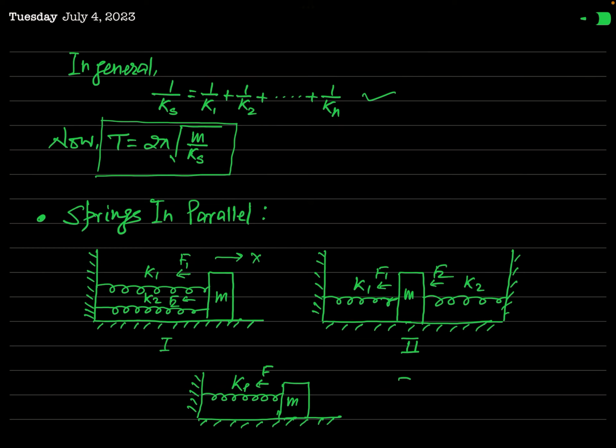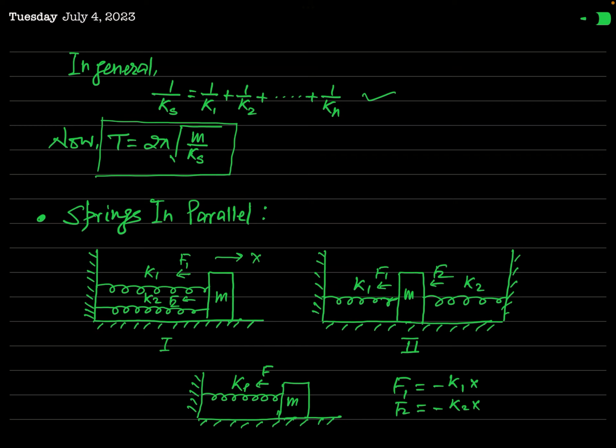So in the first spring, the restoring force developed will be F1 equal to minus K1x, and in the second spring, the spring force will be minus K2 times x. Both forces are actually in the same direction.